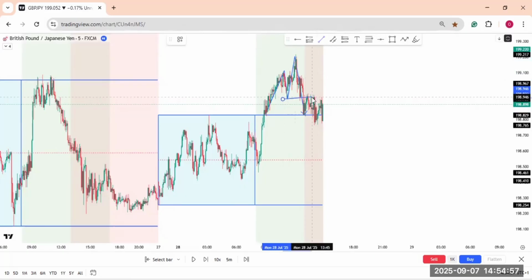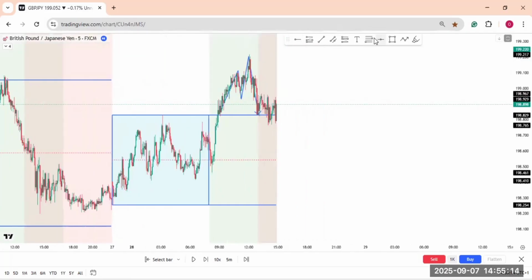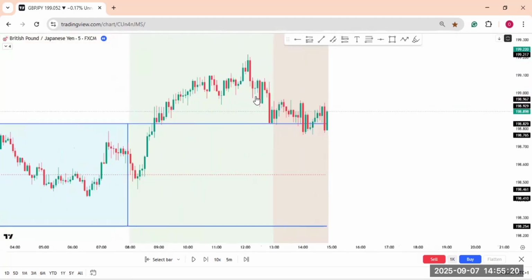We will be looking to take our entry where the change of character occurred. So any fair value gap that we see around that place, we are going to set our sell limit at that particular level. So we will set a sell limit. Let me enlarge the graph for you a bit.